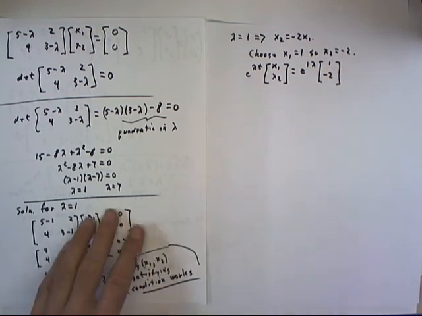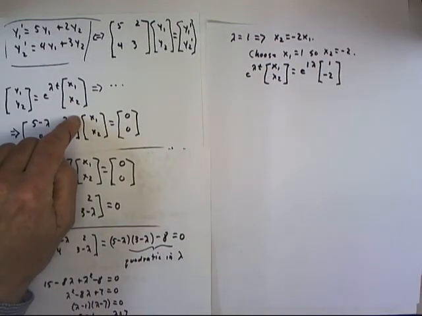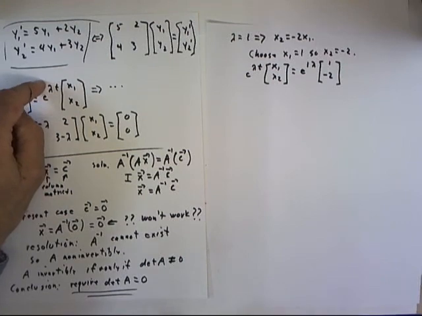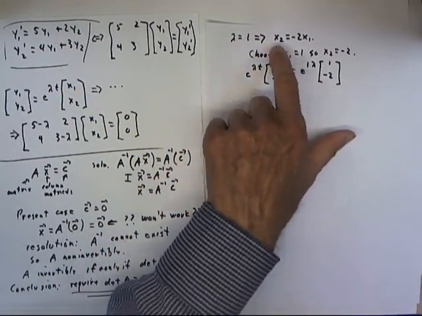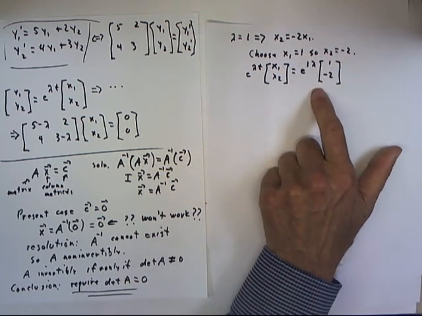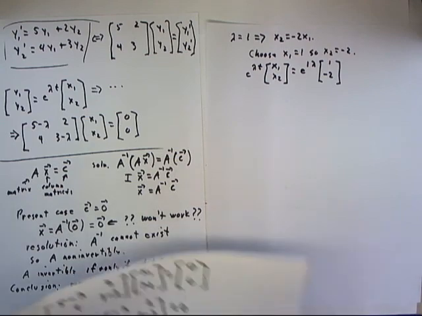And then our solution, e to the lambda t times x1, x2, just becomes e to the t times the column vector with x1 equal 1, x2 equals negative 2. Here is our solution vector.